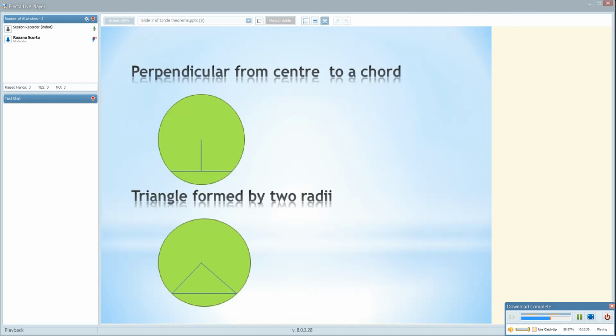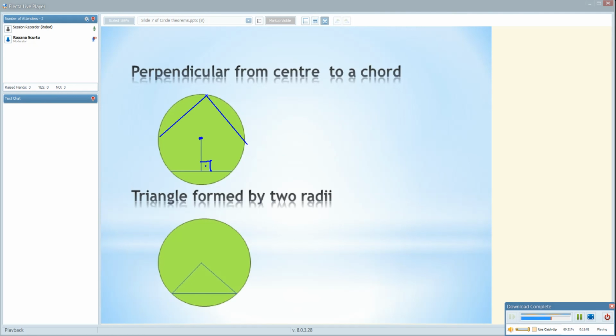Okay, let's move to number 7 now. Yes, this is the last one with a theory. Perpendicular from the center to a chord. So every time you have a line from the center to a chord, any chord, it is going to be perpendicular. That's what it means, yeah?